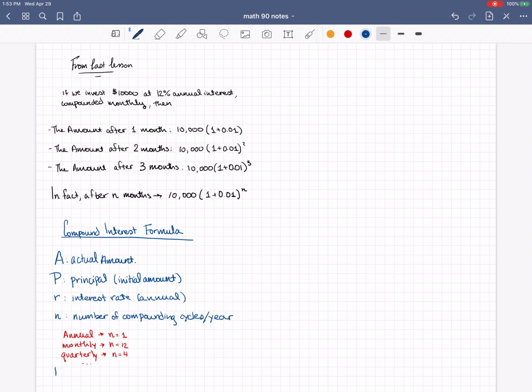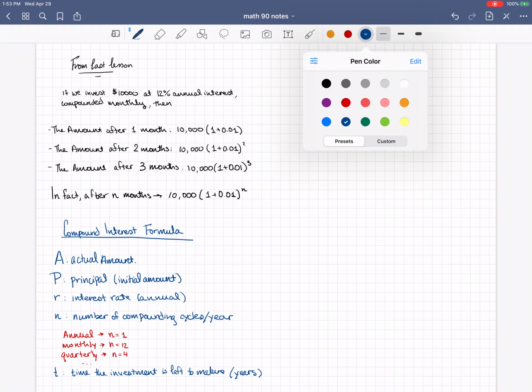And then lastly, T is the time the investment is left to mature. Generally speaking, probably 9 times out of 10, this is going to be in years. But you will probably once in a while encounter a situation where it's given in months, and then you have to be a little bit more careful with your units.